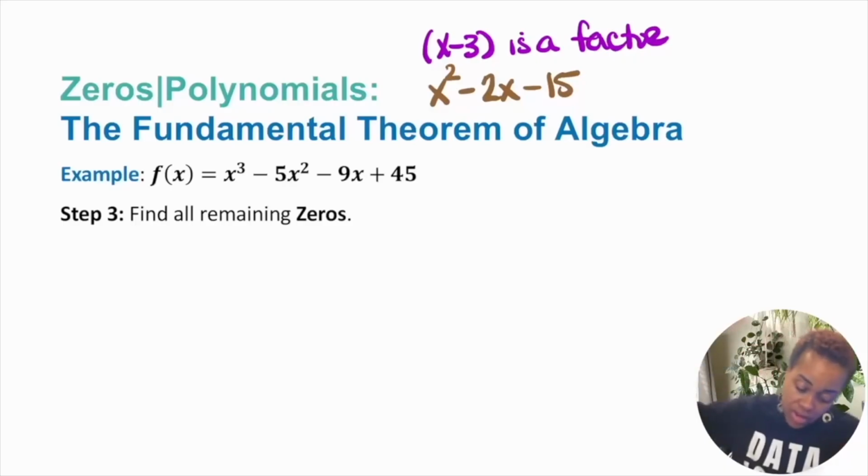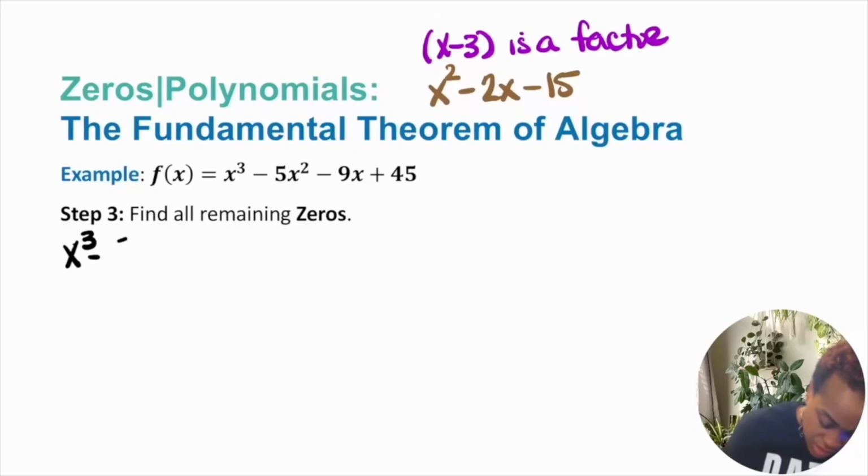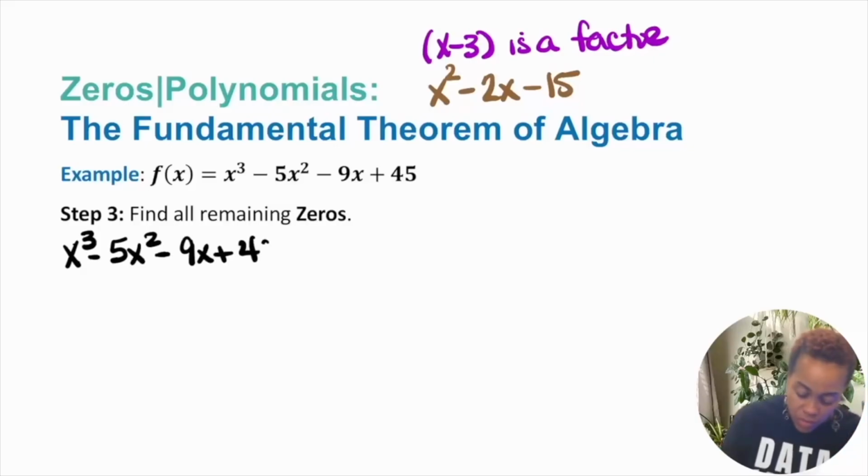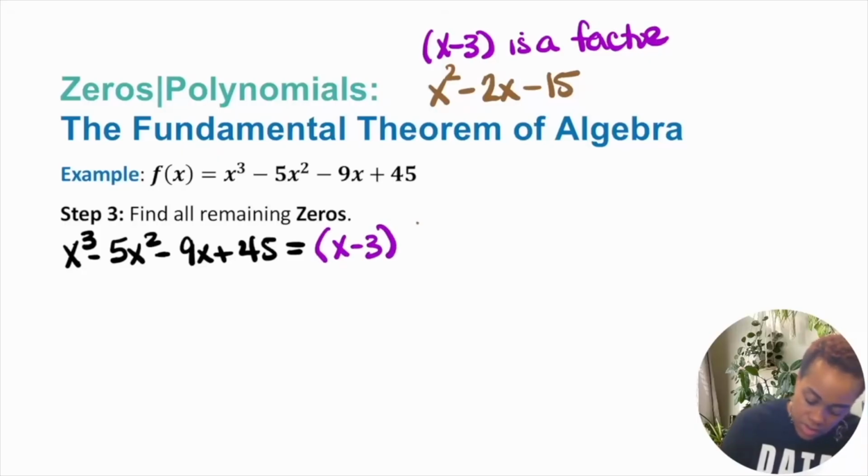So now to find all the remaining zeros, let's see if we can continue factoring. So because that is a factor, then x cubed minus 5x squared minus 9x plus 45, I can write it as x minus 3 times x squared minus 2x minus 15.